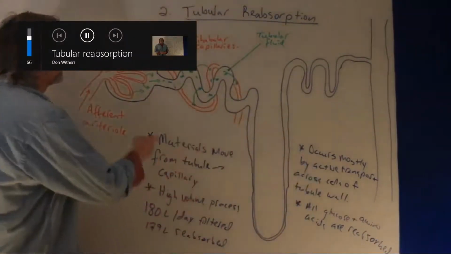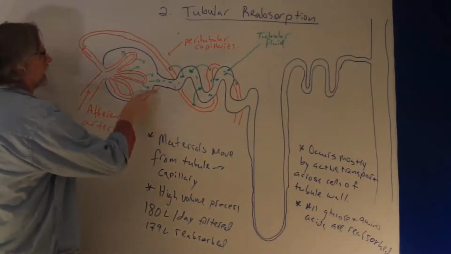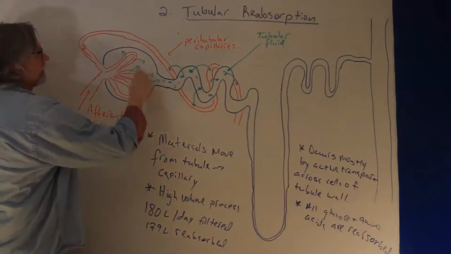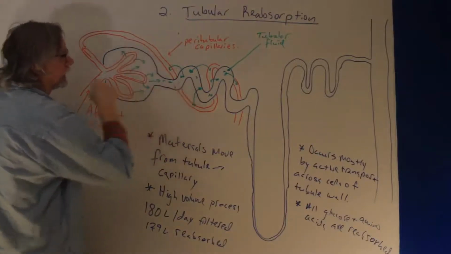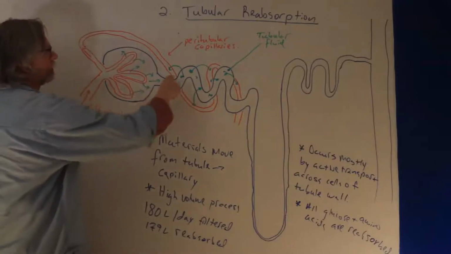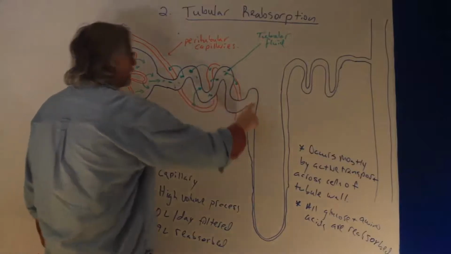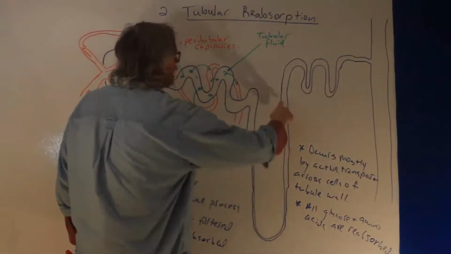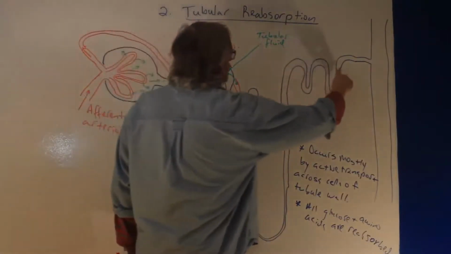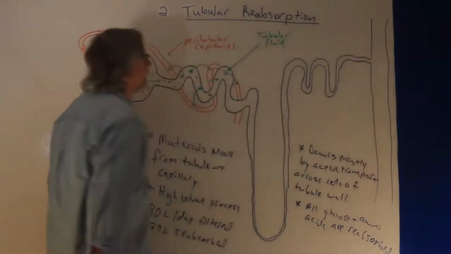After filtration occurs, fluid moves from the capillaries into the capsular space, and then there's a passageway out of the capsule into the beginning of the kidney tubule. The beginning part, this proximal convoluted tubule, the nephron loop or loop of Henle, and the distal convoluted tubule, which eventually connects to the collecting duct.